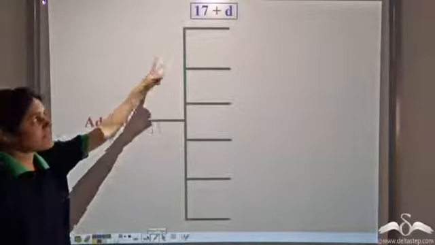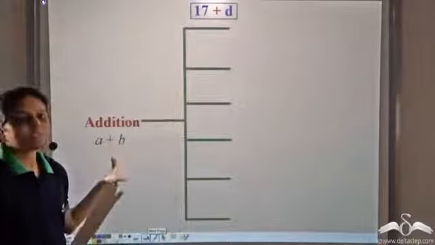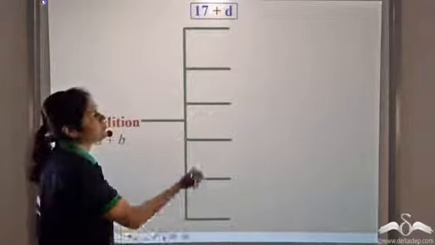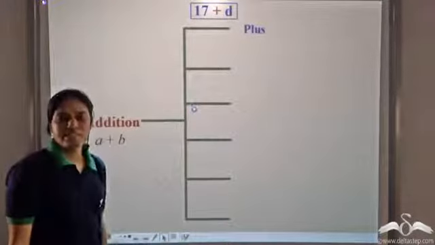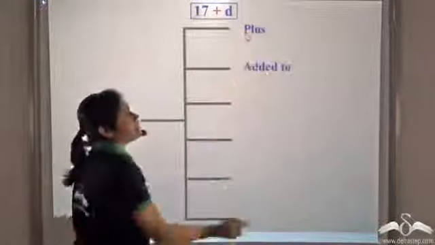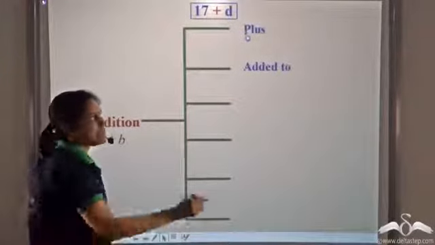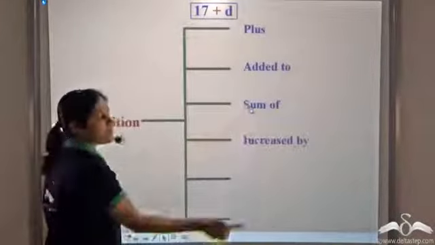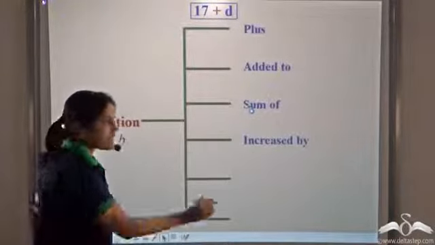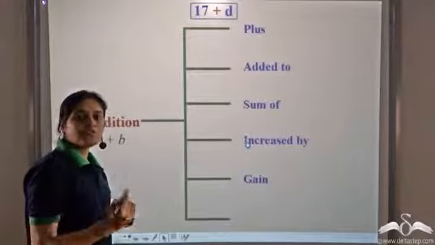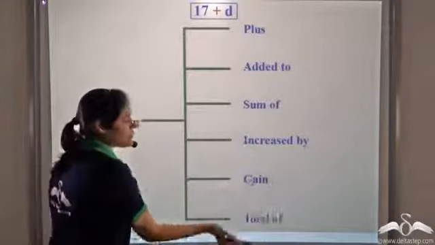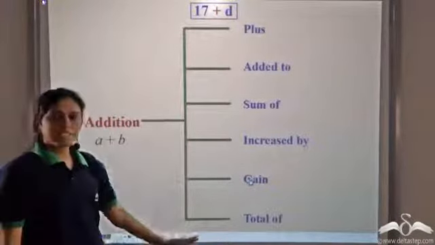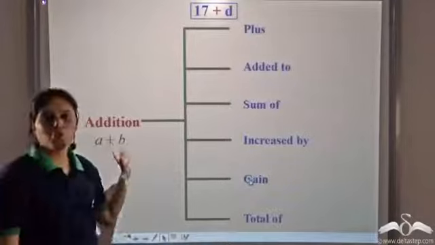So 17 plus D represents the addition operation. It can be stated as 17 plus D, 17 added to D, sum of 17 and D, 17 increased by D, a gain of D over 17, and a total of 17 and D. So all these words represent the addition operation.